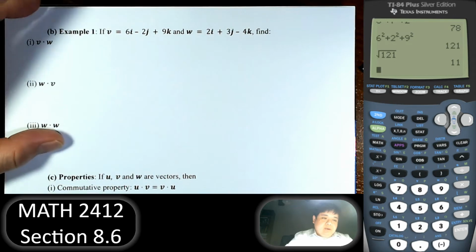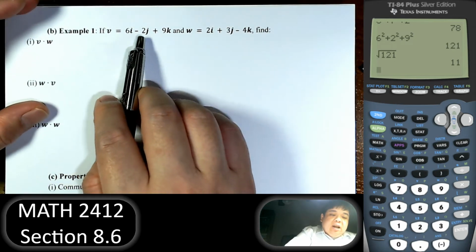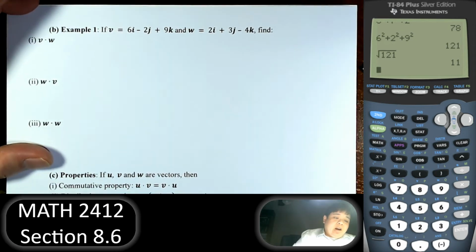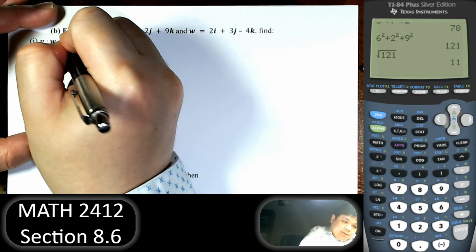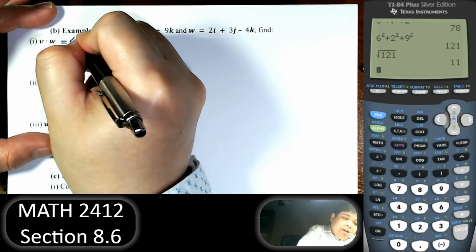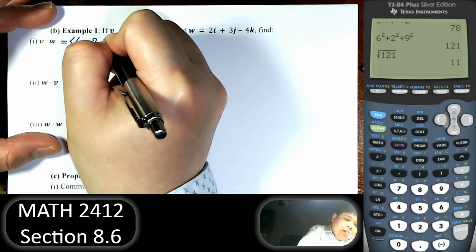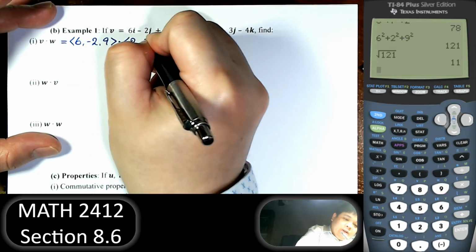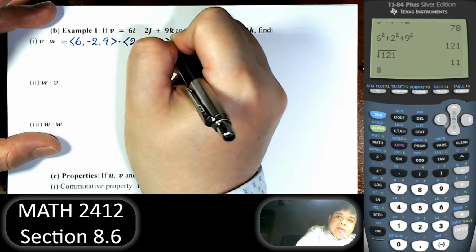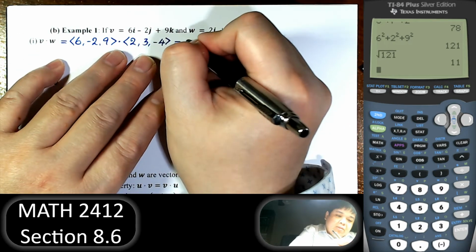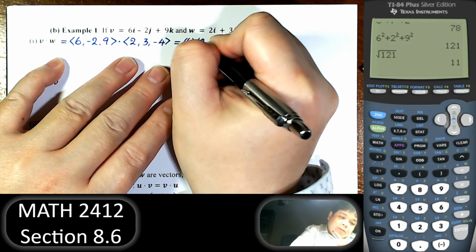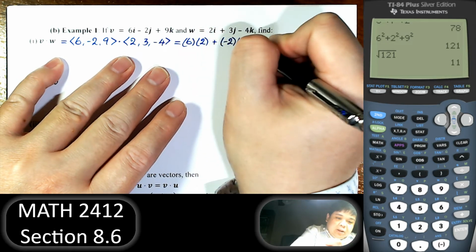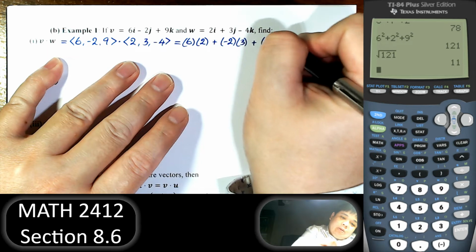Let's do some examples. Let V be 6, negative 2, and 9, and W be 2, 3, and negative 4. Find the dot product of V dot W. Vector V 6, negative 2, and 9, dotted with 2, 3, and negative 4. 6 times 2, negative 2 times 3, and 9 times negative 4.